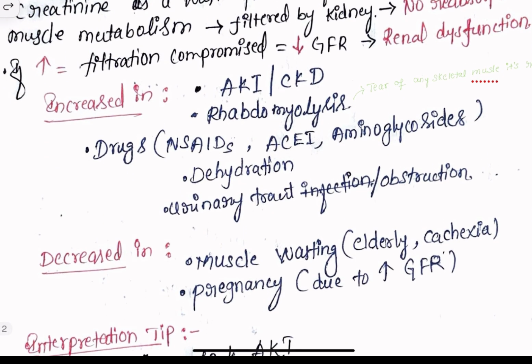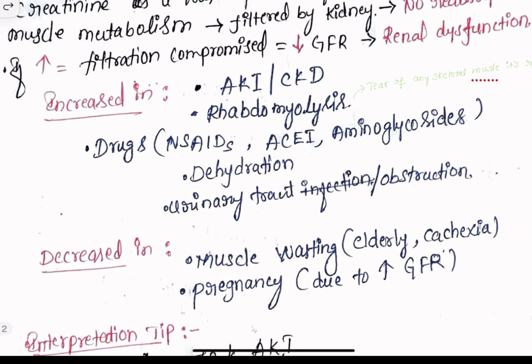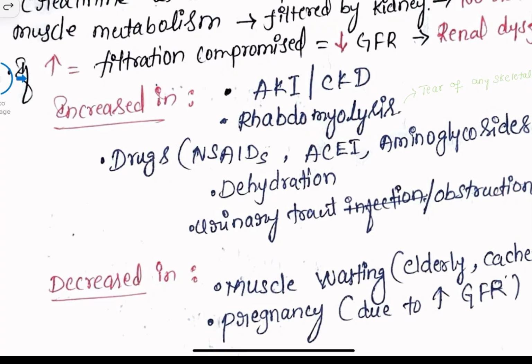So if the serum creatinine is increased, what conditions can you see? In acute kidney injury we can see an increased level of creatinine, and in chronic kidney disease also. It can be seen in rhabdomyolysis. Rhabdomyolysis is the breakdown of skeletal muscles, with release of a protein called myoglobin into the bloodstream.